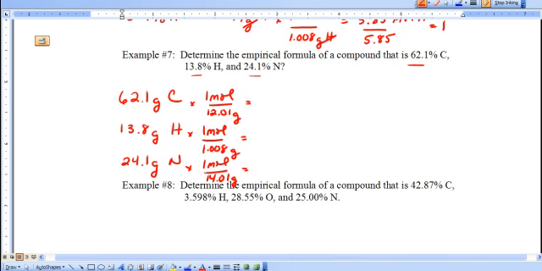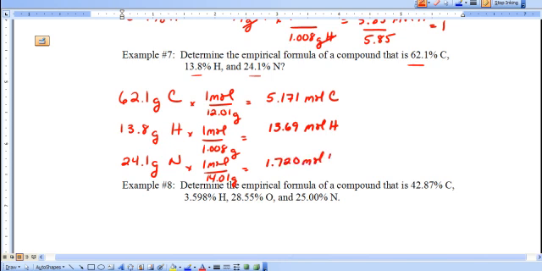When we perform those calculations, we have 62.1 divided by 12.01 for the carbon, and I'm getting 5.171 moles of carbon. Do the same thing with the hydrogen, 13.8 divided by 1.008, and I'm getting 13.69 moles of hydrogen. And then with the nitrogen, 24.1 divided by 14.01, I'm getting 1.720 moles of nitrogen.